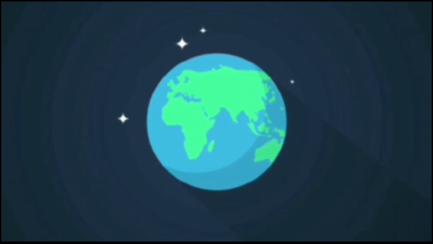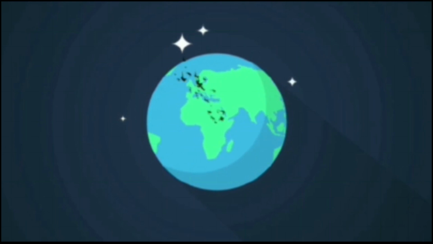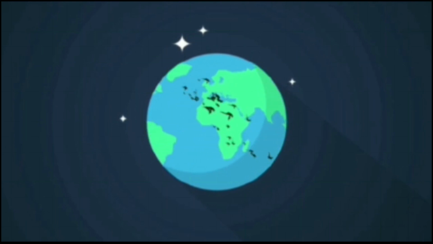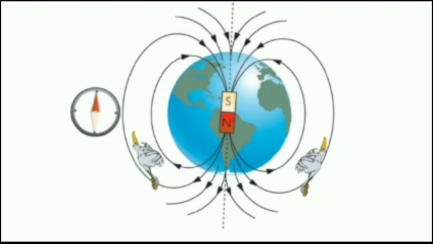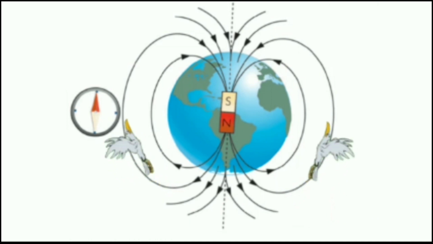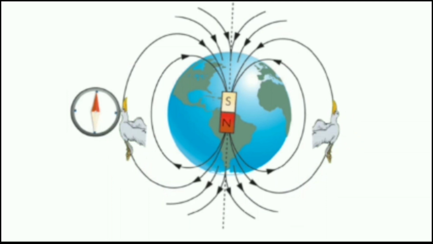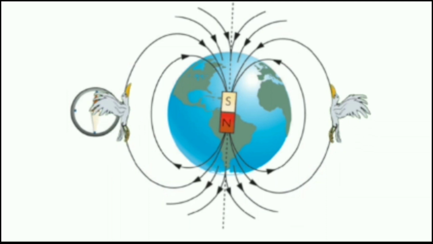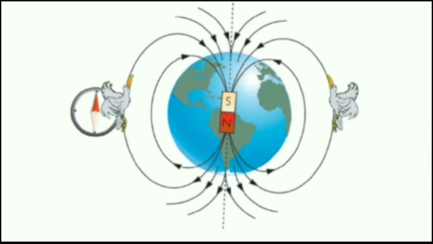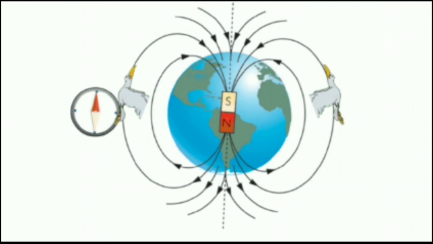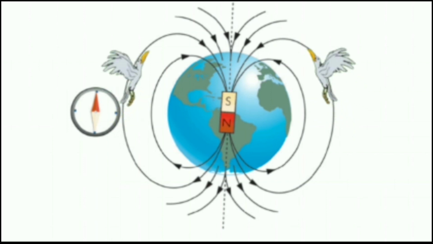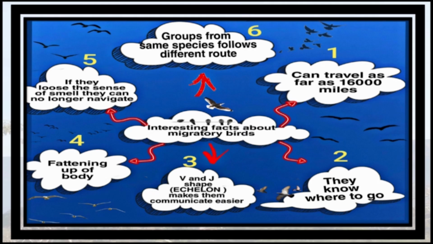It seems that some birds would find their way by following their sense of smell. Another tool is Earth's magnetic field. Some birds have a small zone in their brain made of magnetite, just like a small compass, which indicates to them where the magnetic north is.